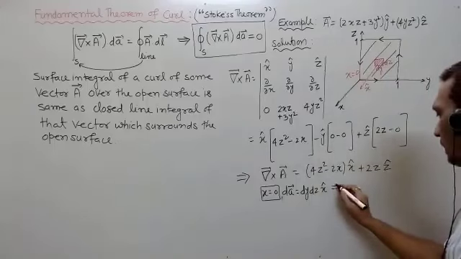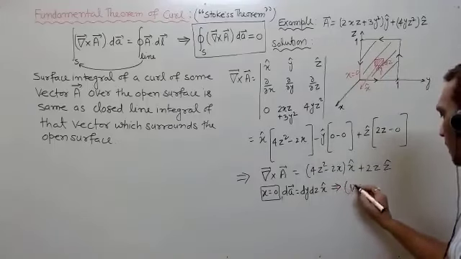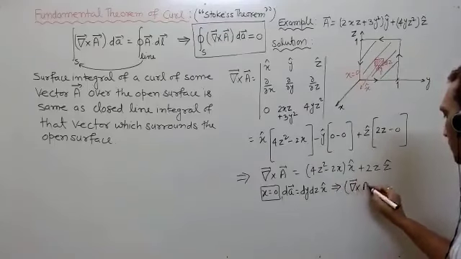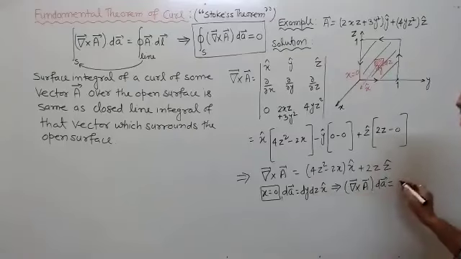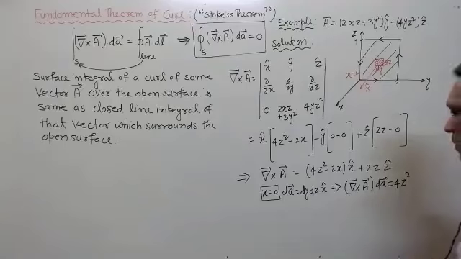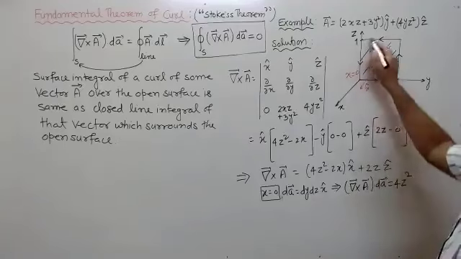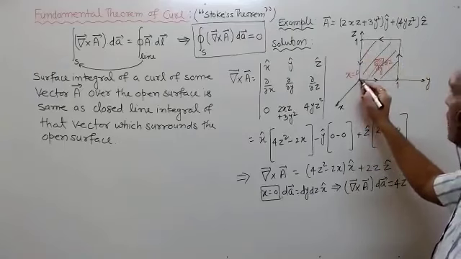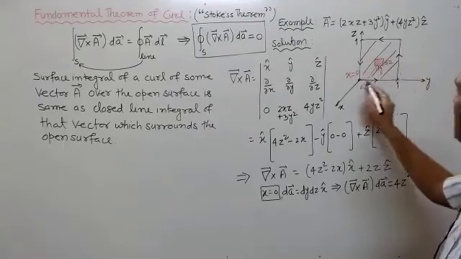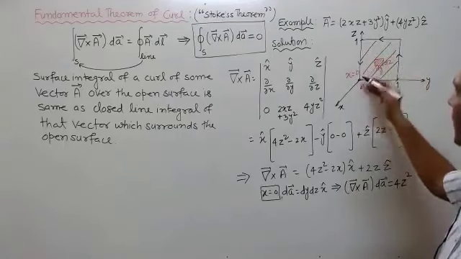So what will be del cross A dot dA? This will be 4z square minus 2x, with x equal to 0. This is the x equals 0 plane. This is the origin, and this square loop is in the yz plane.